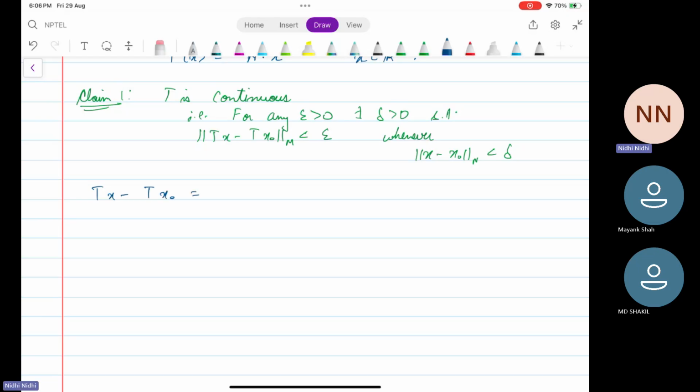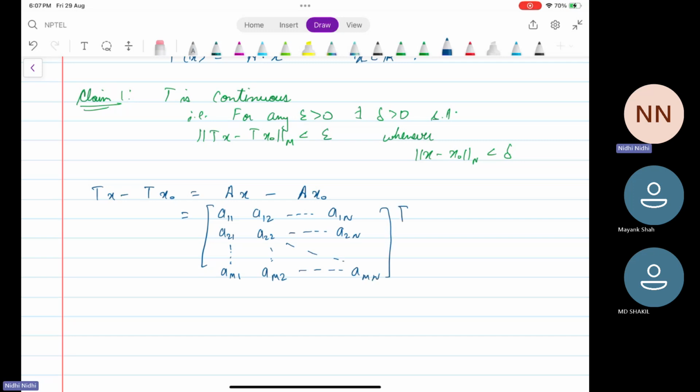This is just matrix multiplication. This is Ax minus Ax naught, which is the matrix with rows a11, a12, up to a1n, a21, a22, up to a2n, and so on up to am1, am2, up to amn.